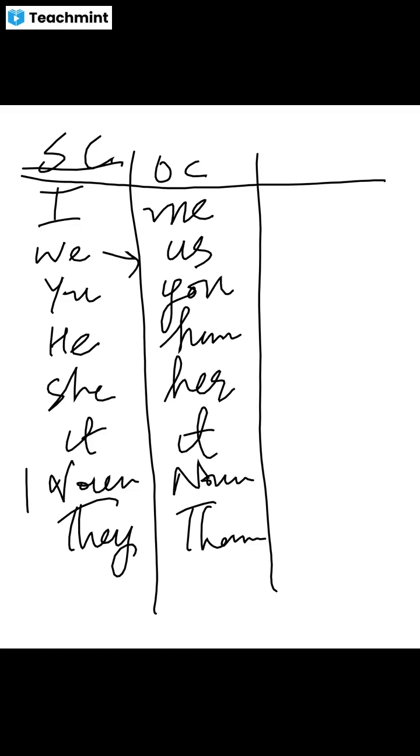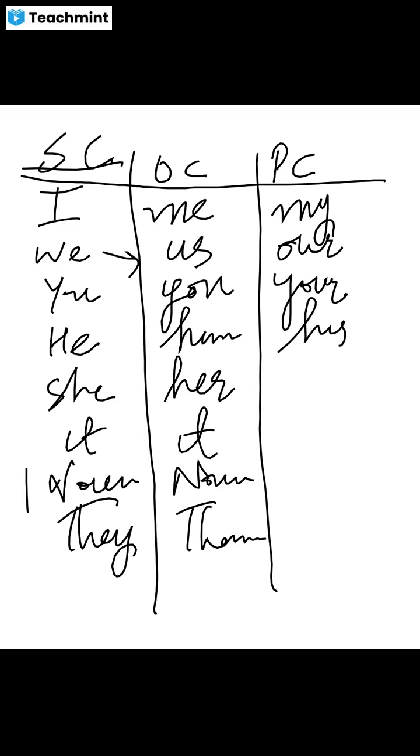So whenever we write possessive cases, I will write here P and C, which is possessive case. The possessive case of I, me is my, remember. Then possessive case of we and us is our. You is your. He, him, his. Her.